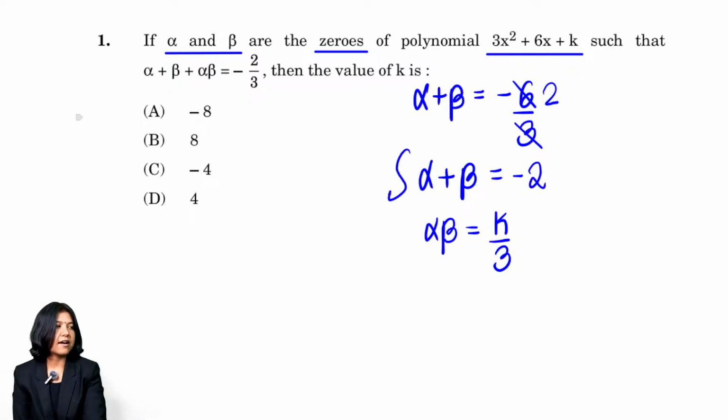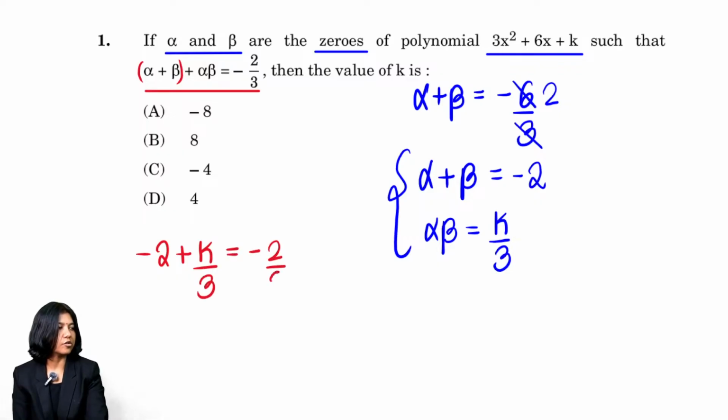Once I have the values of the two, the question has given me one more piece of information, that alpha plus alpha beta is equal to -2 upon 3. So I will use this equation, and into it I'm going to plug in the value of alpha plus beta, which I got as -2, and instead of alpha beta I'll write k upon 3. So this is equal to -2/3.